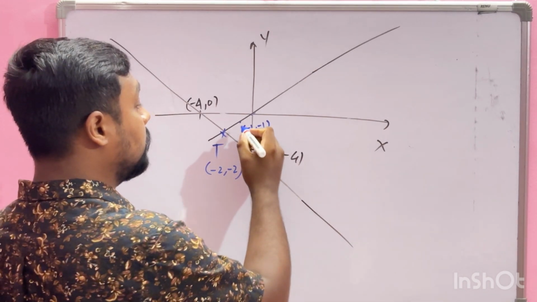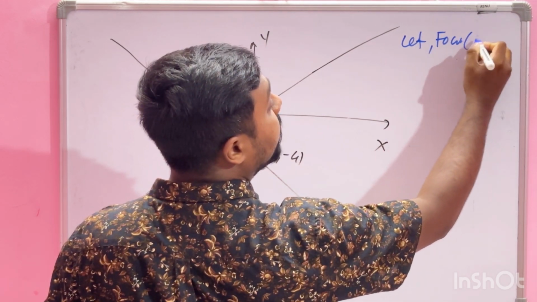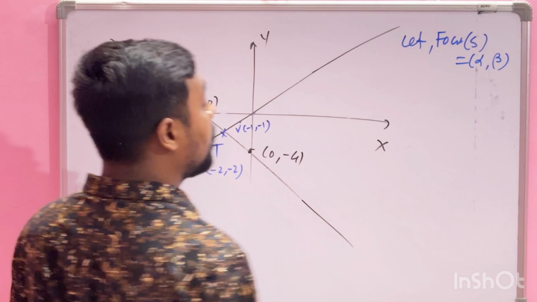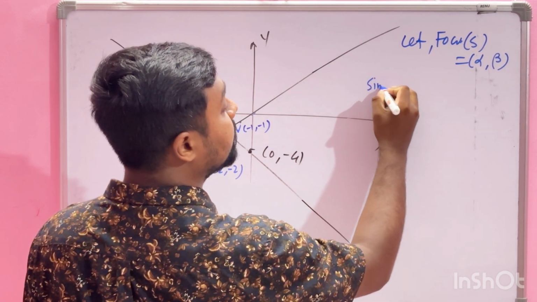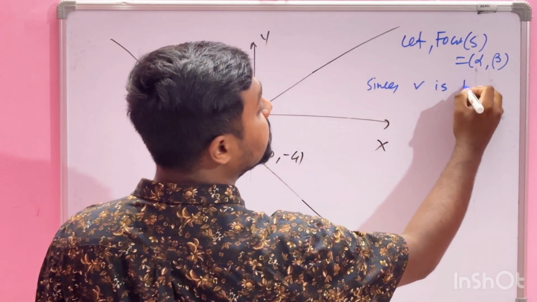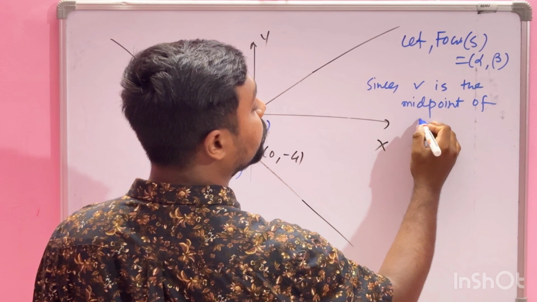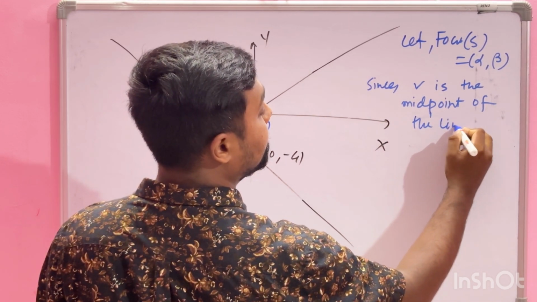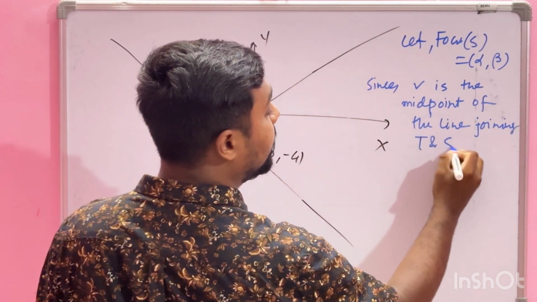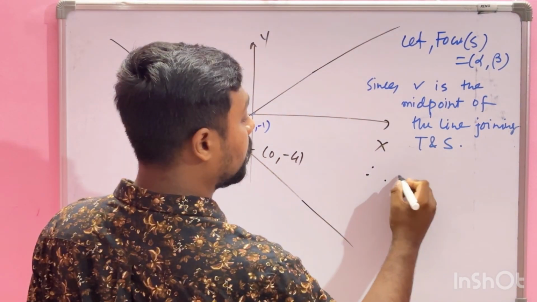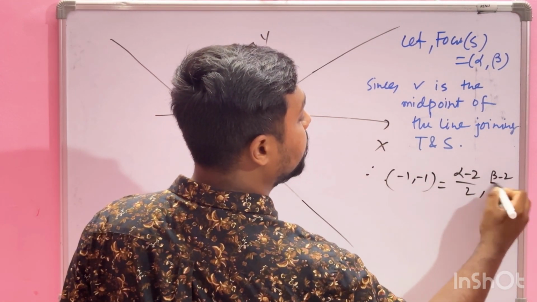Now suppose the vertex is denoted by P. Now let the focus be (alpha, beta). Since the vertex is the midpoint of the line joining T and S, therefore (minus 1, minus 1), that is the vertex, equals (alpha minus 2 by 2, beta minus 2 by 2).